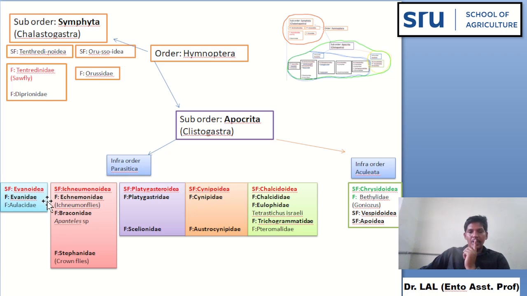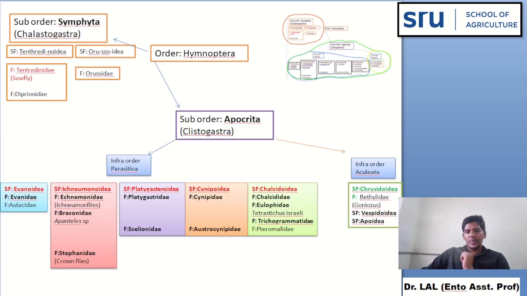the important superfamilies and families are: Evanioidea, family Evaniidae. Ichneumonoidea, families Ichneumonidae, Braconidae, and Stephanidae. Platygastroidea, families Platygastridae and Scelionidae. Cynipoidea, families Cynipidae and Austrocynipidae. Chalcidoidea, families Chalcididae, Eulophidae, and Trichogrammatidae.